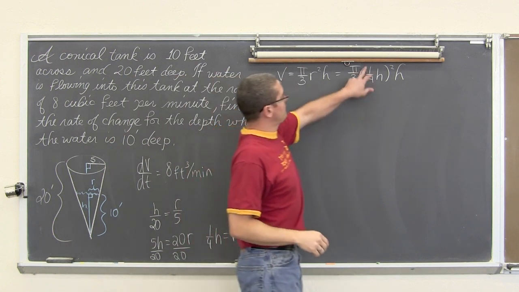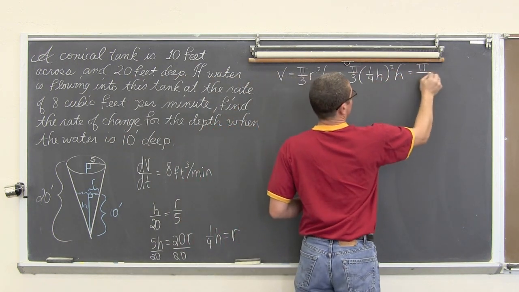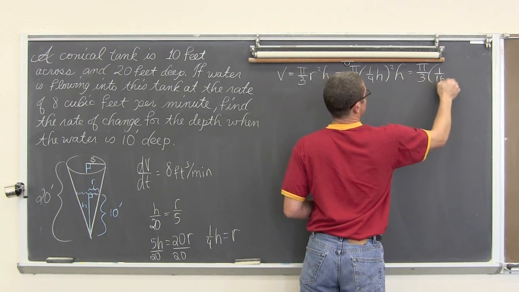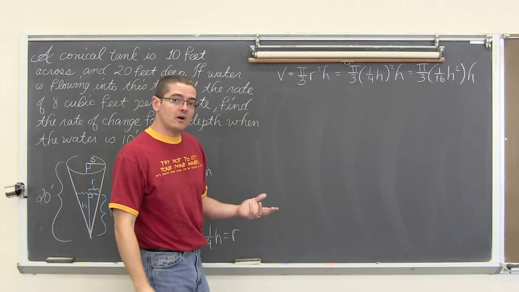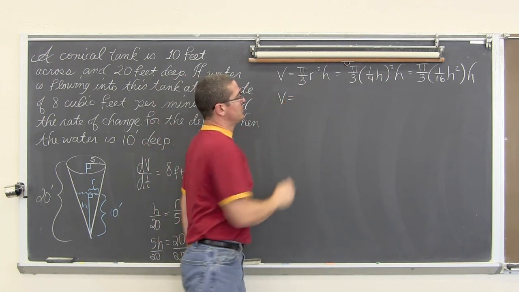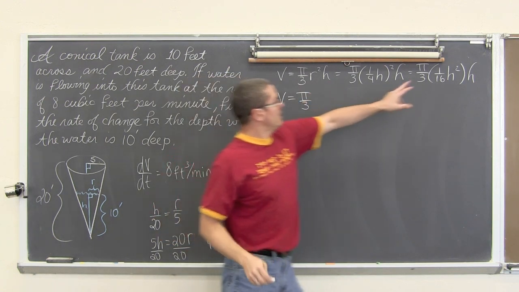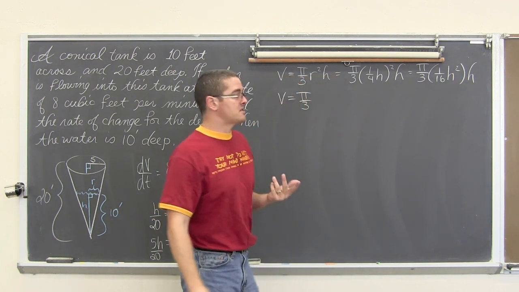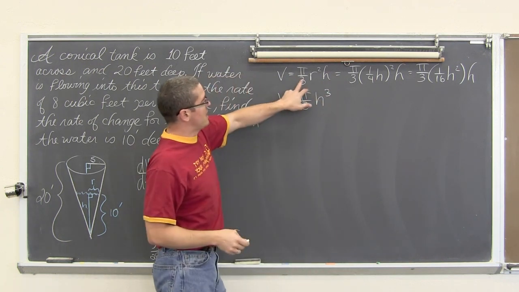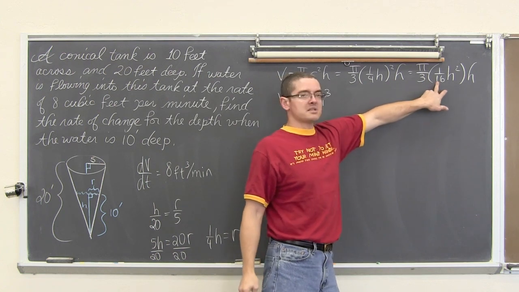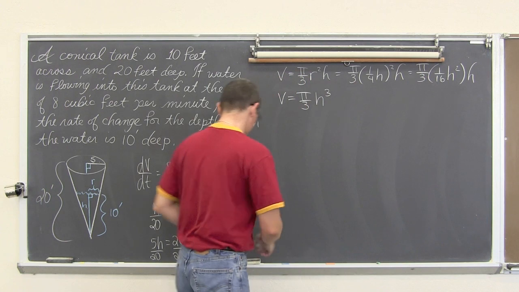And 1/4 squared is 1/16, so that's pi over 3 times 1/16 h squared times h. Now my volume is equal to pi over 3 times 1/16, and h to the first times h to the second is h to the third. 3 times 16, 3 times 10 is 30, 3 times 6 is 18, so we have 48 as our denominator.